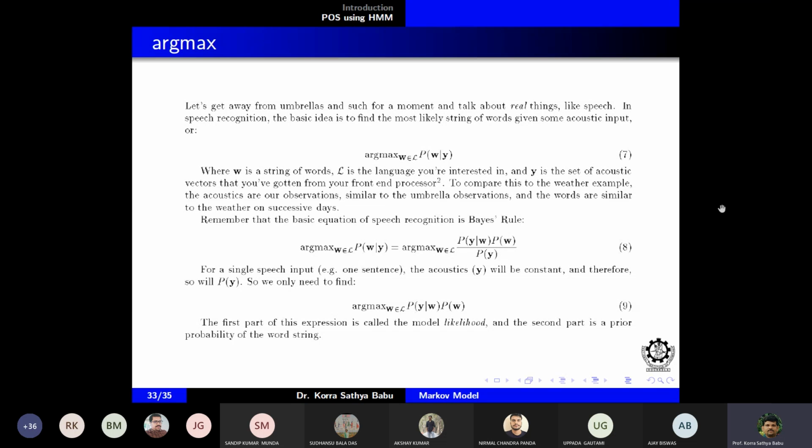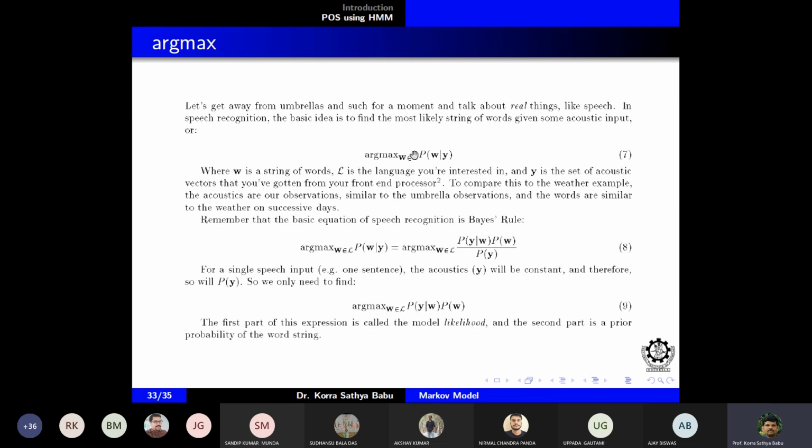So when you need to compute the probability with respect to all the words, here we have an argmax function. The argmax function basically tells us that, from the given arguments, you have to take the one with the highest probability.